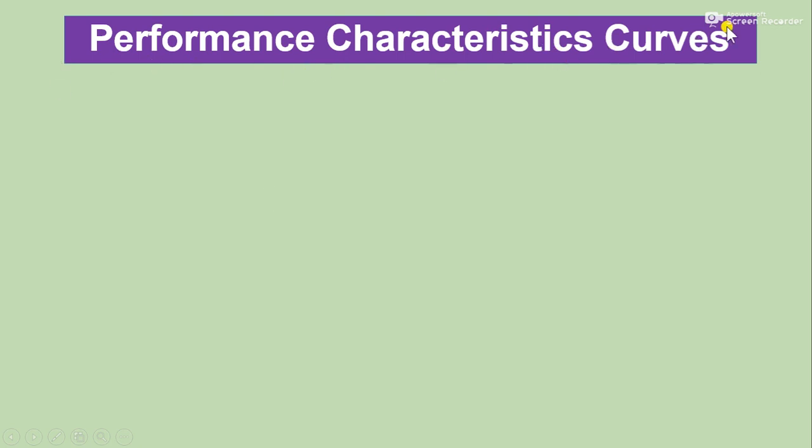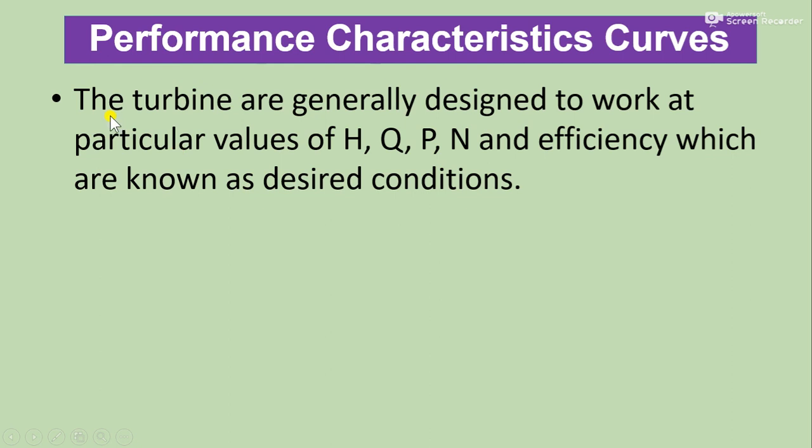By obtaining these curves, the plots which are drawn are called performance characteristic curves. Turbines are generally designed to work at particular values of head, discharge, power, speed and efficiency, which are known as desired conditions.